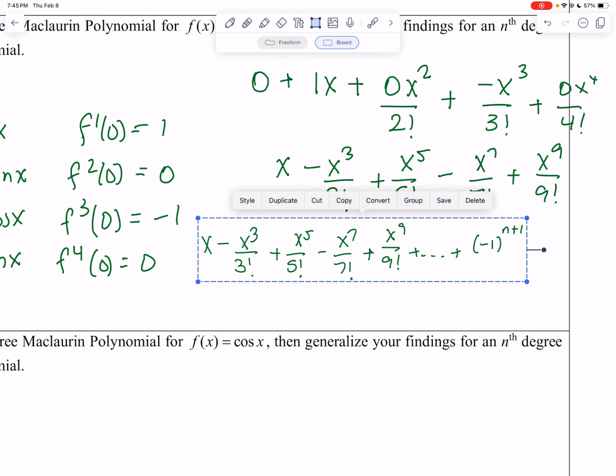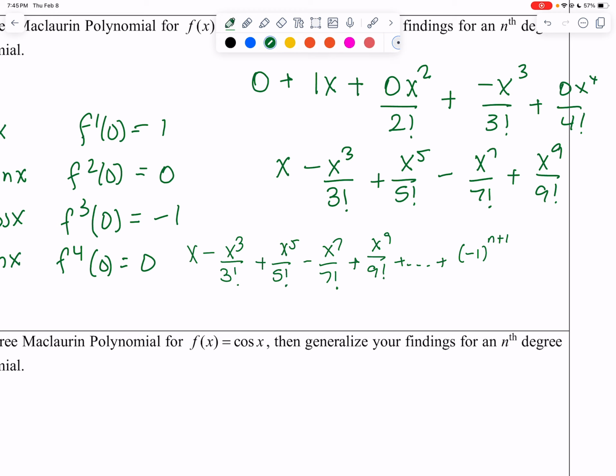Now, as I look at this, I could say x to the 1, and I could say 1 factorial. If I look at this, I have an odd degree. And remember that the definition of an odd number is going to be x to the 2n plus 1. Just kidding. Let's do minus 1.